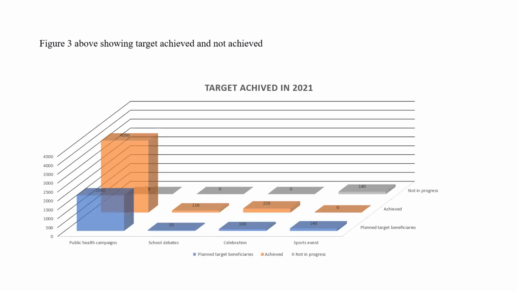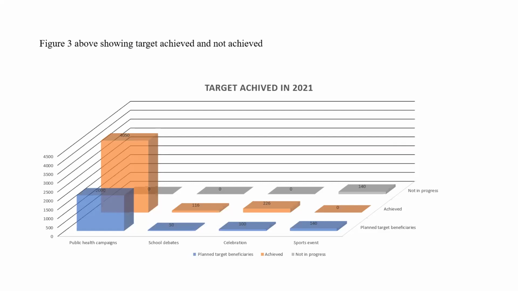So on the target achieved, when you look into the graph here, for the public health campaigns, the target was 2,000, but the target reached is 4,050. For the school debates, the target was 50 participants, and they were able to reach up to 116.